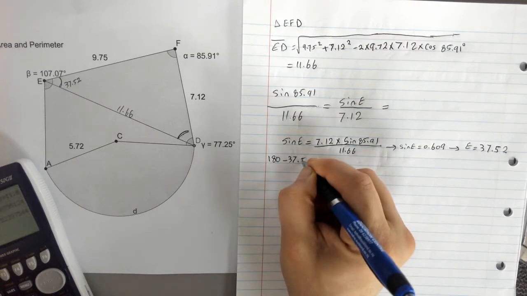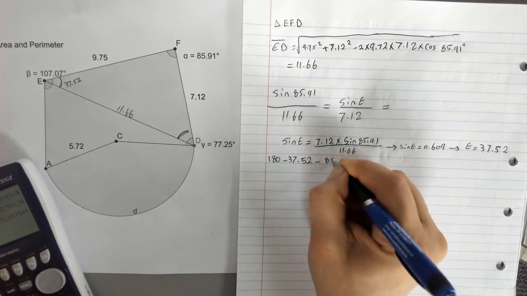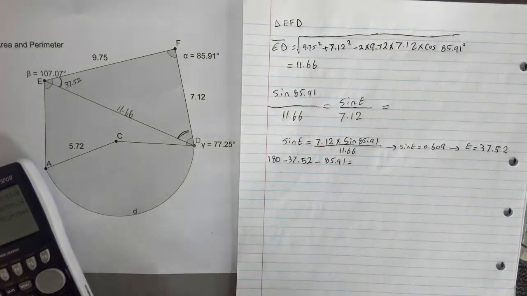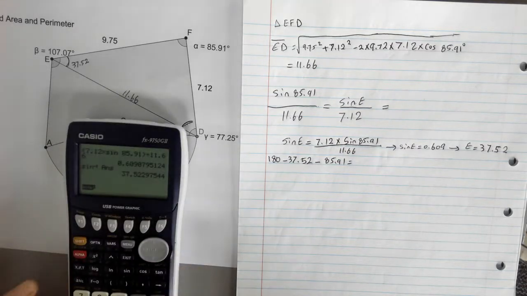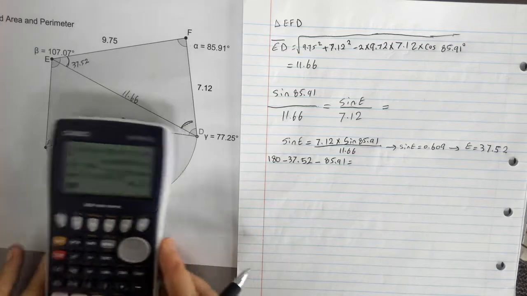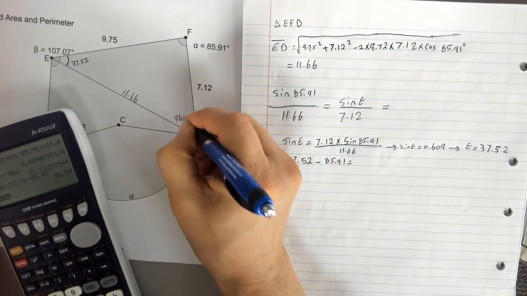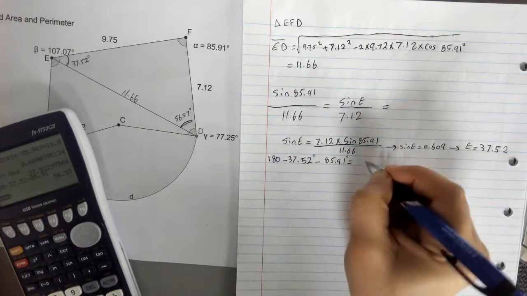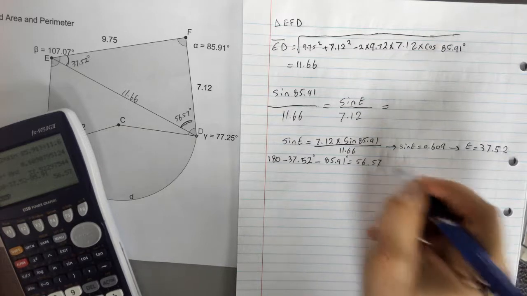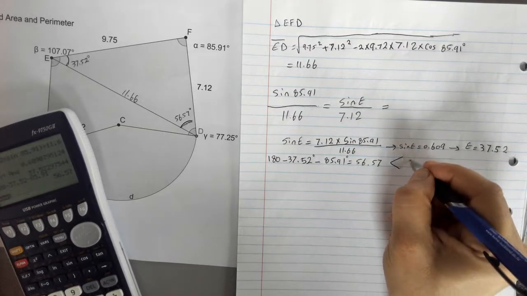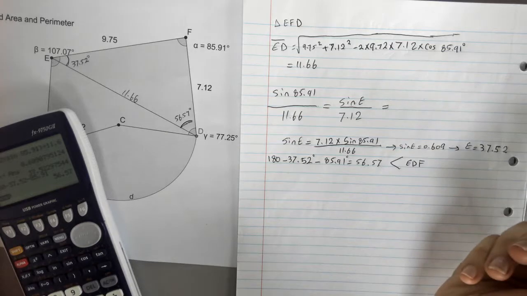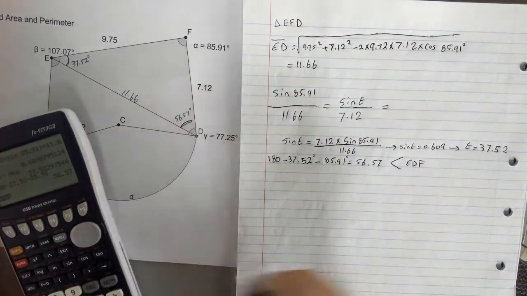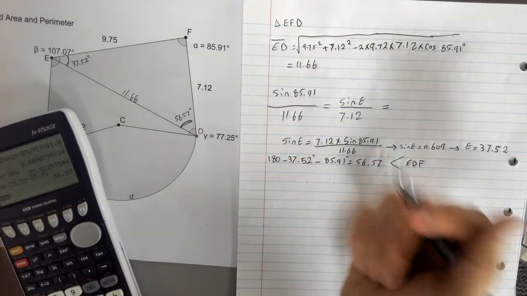So I will do 180 minus 37.52 minus 85.91, using the calculator, and that gives me 56.57 degrees. There's the angle EDF.